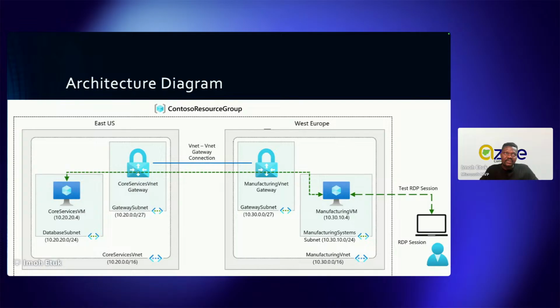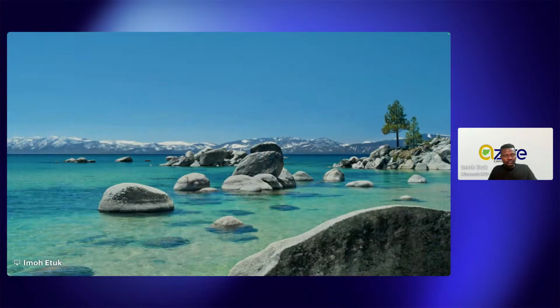Now you can see that the core services resource lives in East US, while West US is the one housing the manufacturing VM. So let's go down to the creation of this resource.